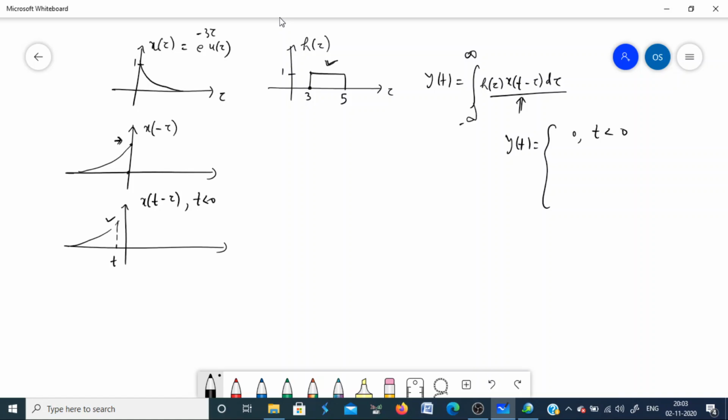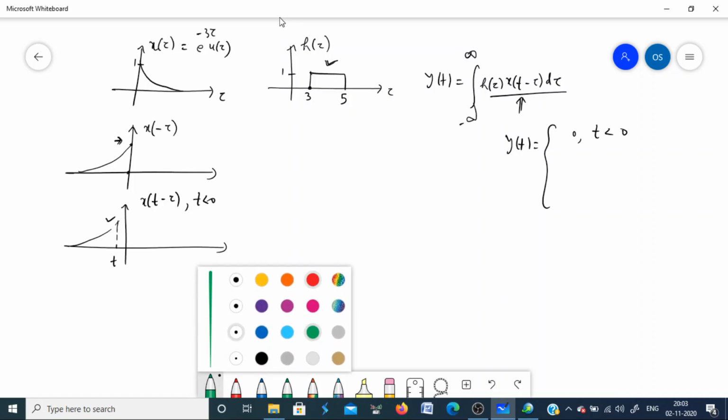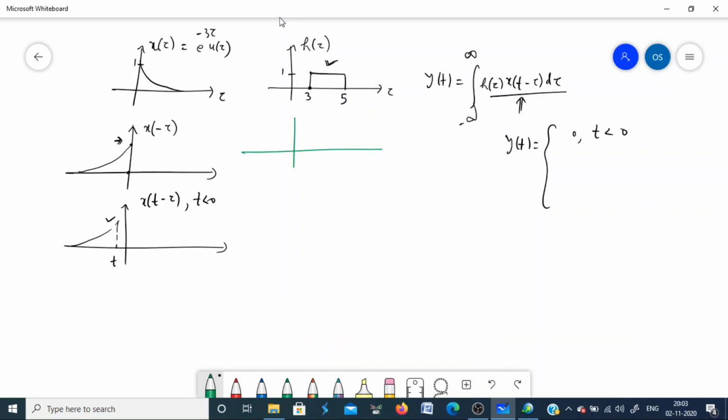It means this pulse, x of minus tau, is fixed between 3 to 5. Now you have to shift this pulse to the right by some time t. So when you shift it by some time t, which is less than 3, you will get a pulse like this.